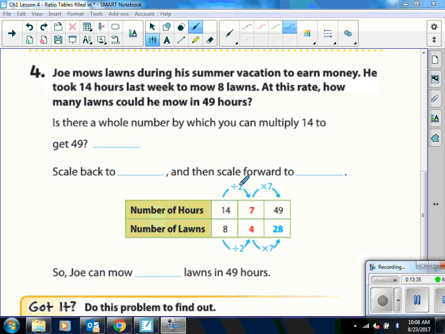If I scale back, dividing by 2, because they're both even, I end up with 7 to 4. And now from 7 we can get to 49 by multiplying times 7. You see that? So 7 times 7 is 49, and 4 times 7 is 28.